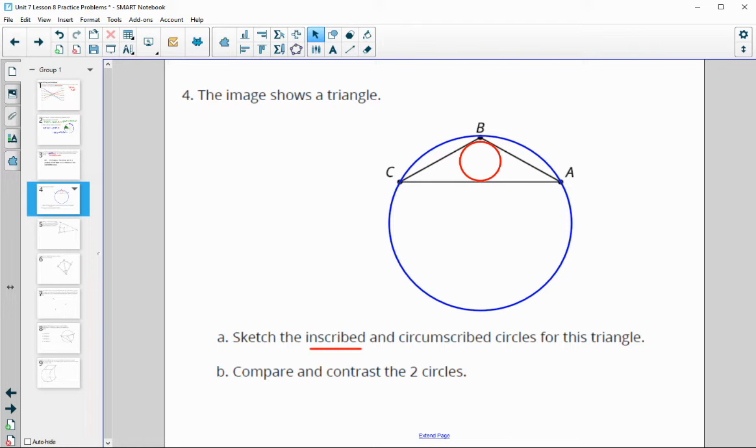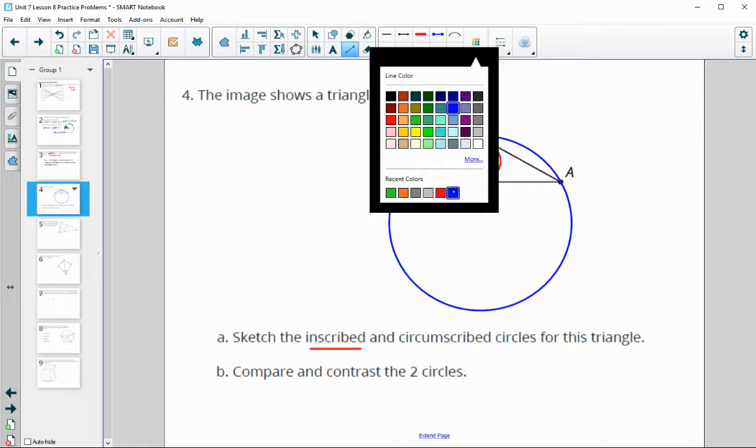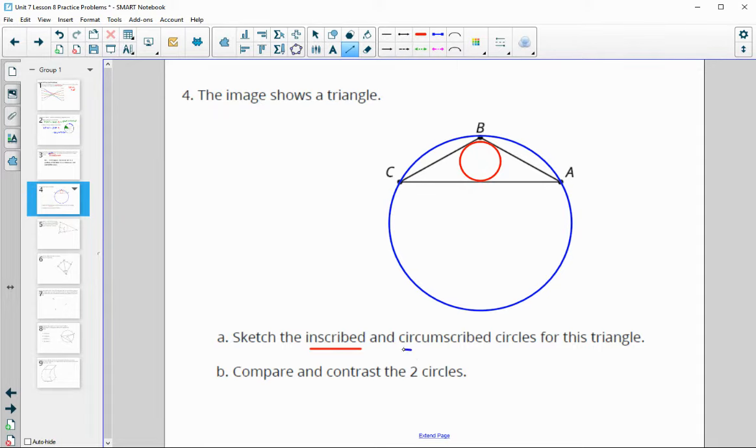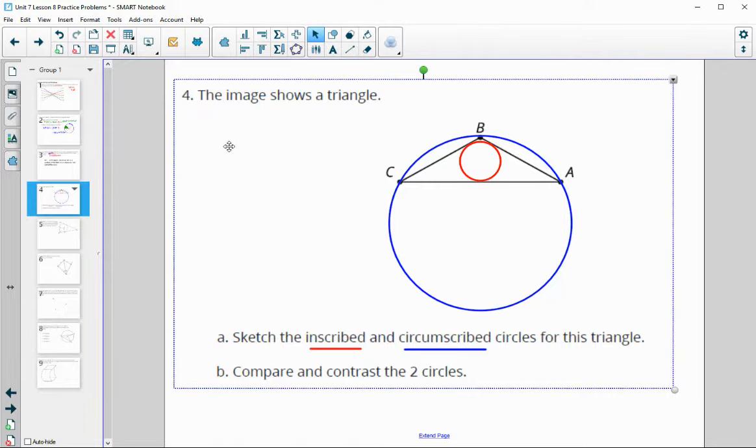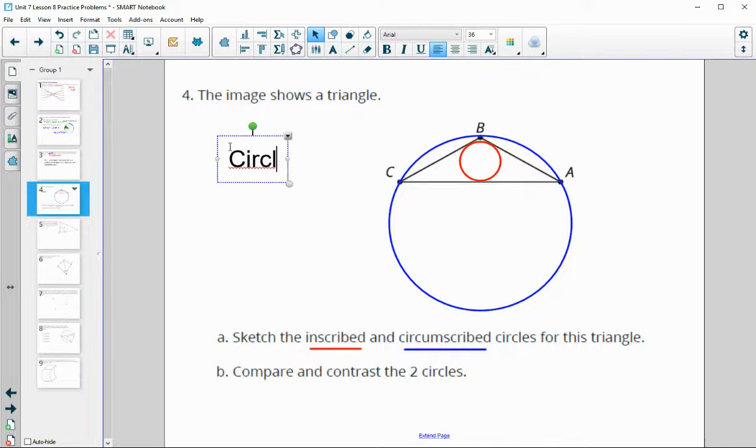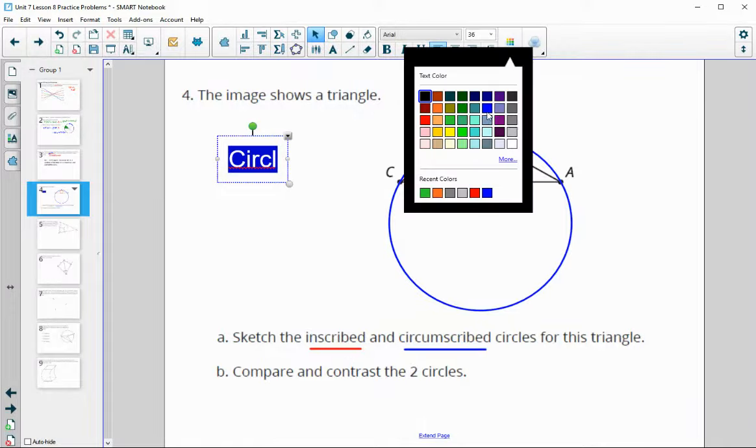And then we just want to compare and contrast these circles. And so we see, for the circumscribed circle, let me start typing this and put it in blue.